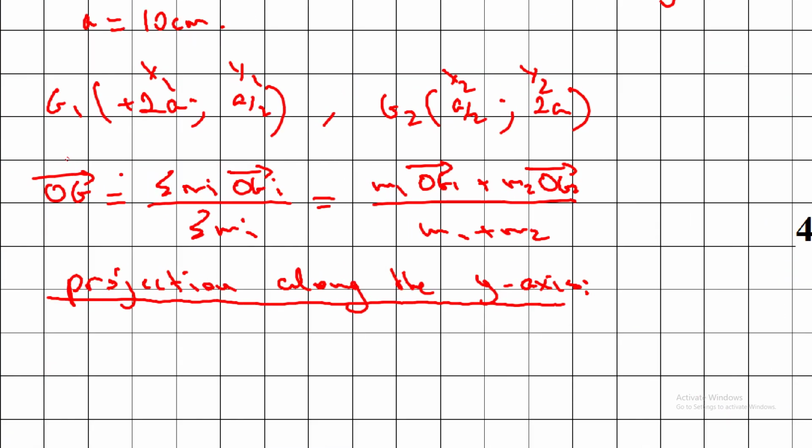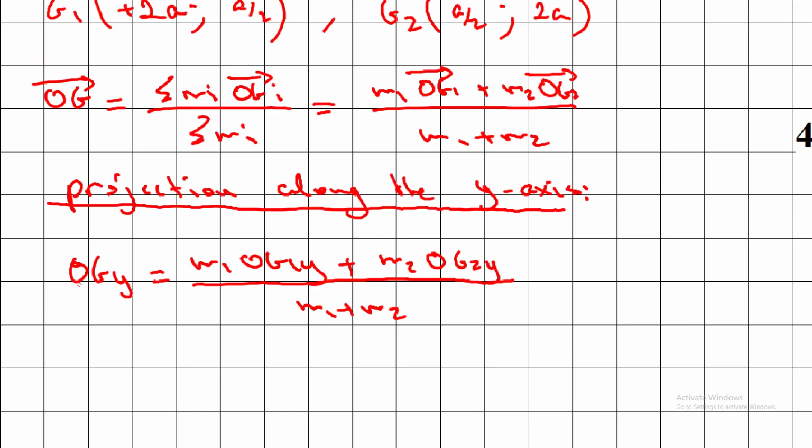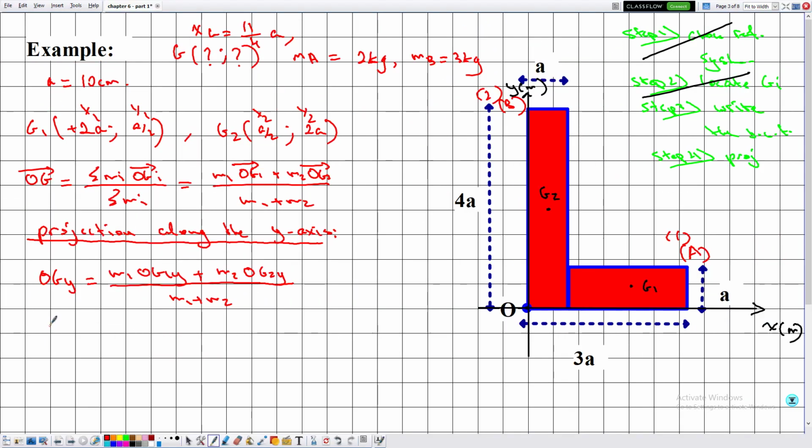Then because we are projecting along the y-axis, we drop down the vectors, and this is simply given by OGy is equal to m1 OG1y plus m2 OG2y divided by m1 plus m2. And because we are measuring with respect to the origin, then this is simply given by yg, which is equal to m1 y1 plus m2 y2 divided by m1 plus m2.